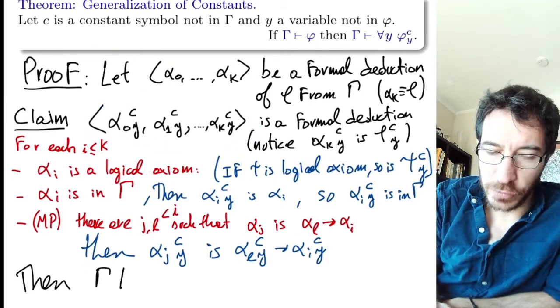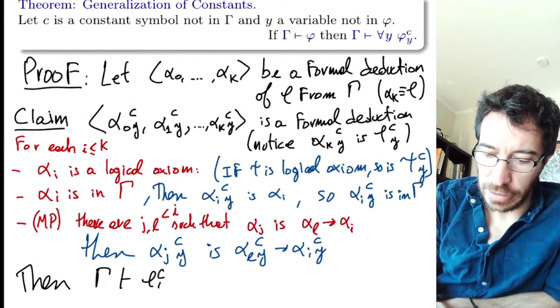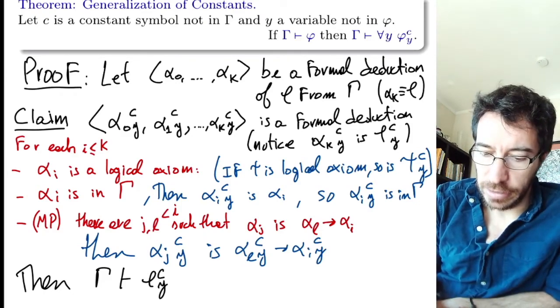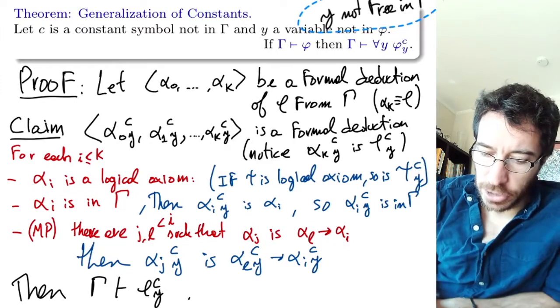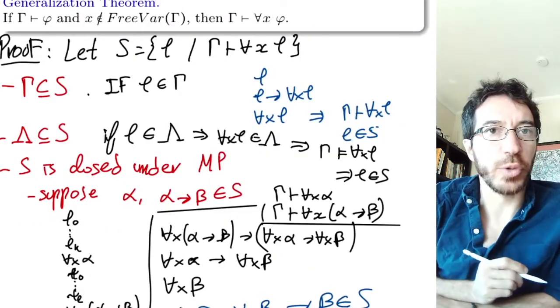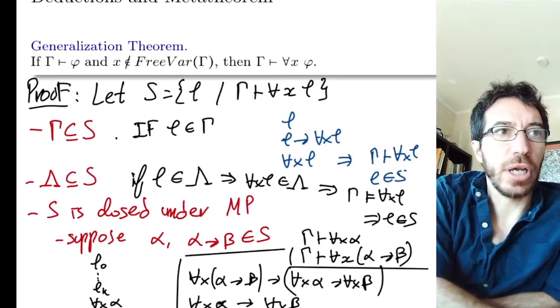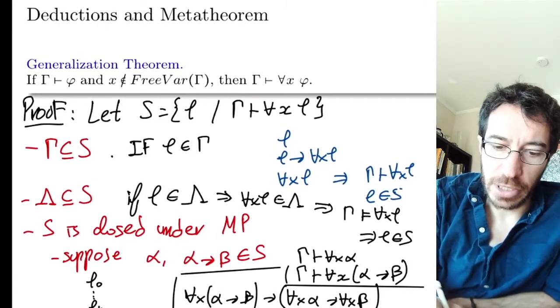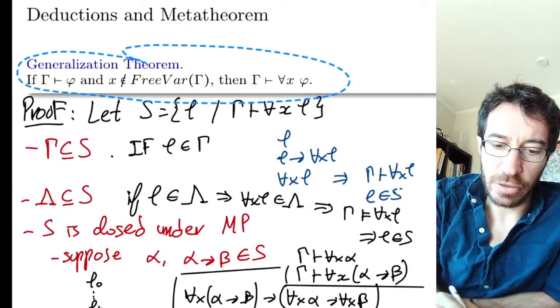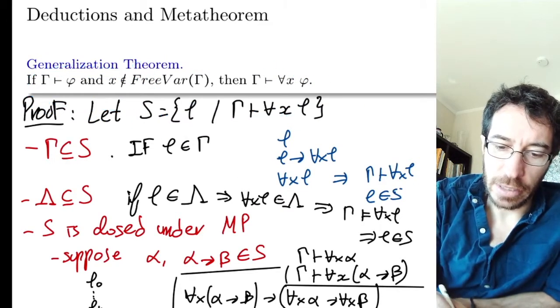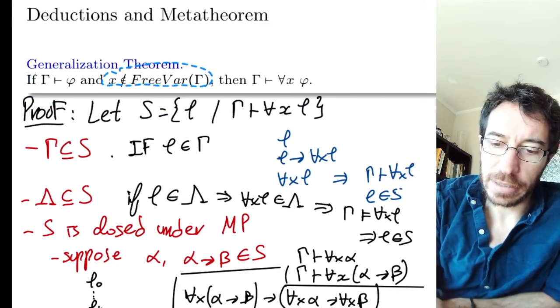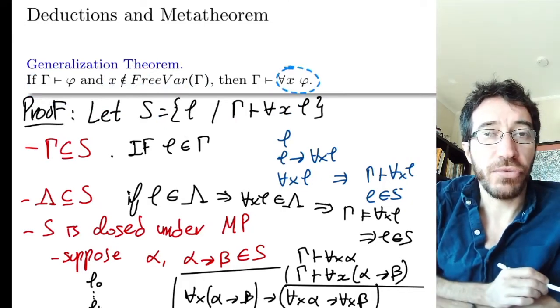Gamma proves phi when you replace c by y. And now since y is not free, by generalization, which is something that we proved in the videos last week, this theorem up here that says that if gamma can prove phi and x is not a free variable in gamma, then it can prove for every x phi.